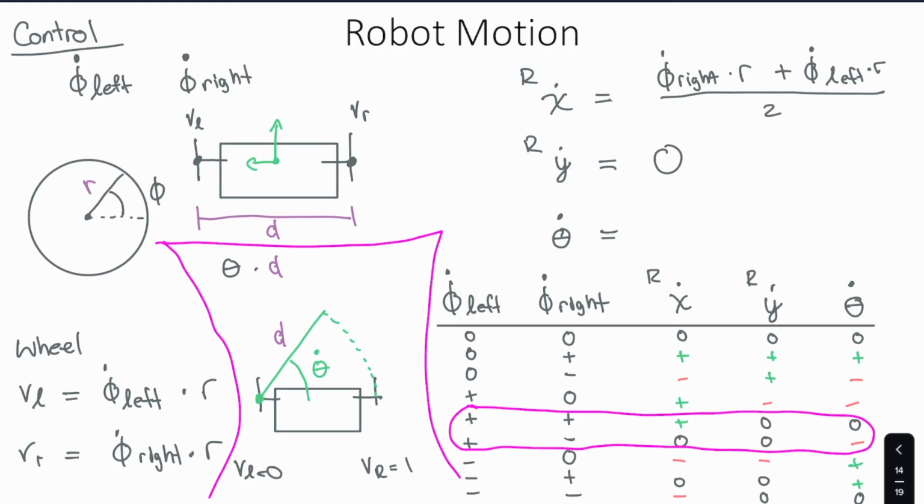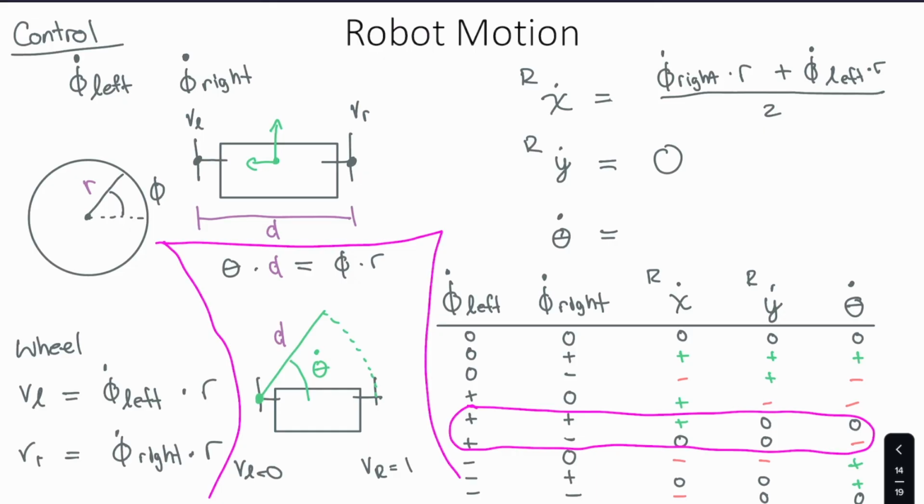And that is going to be equal to the distance traveled by the robot according to the wheel's radius and the angle of deflection of the wheel. So that is equal to phi times r.